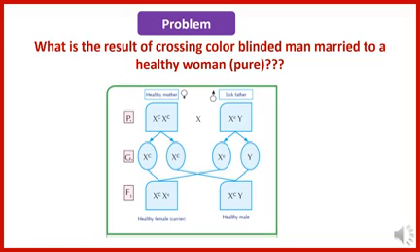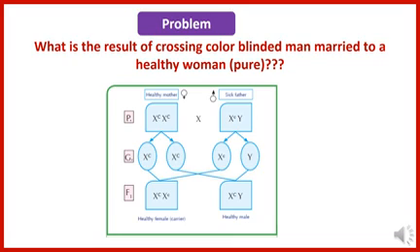The color-blind man is represented by XY, and the X chromosome carries the recessive gene of color blindness. The healthy mother, XX pure, carries the dominant gene, C capital, C capital. The gametes of the mother, all of them will have X with C capital, and the gametes of the father will have X with C small, which is the gene that is responsible for color blindness, and Y gametes.